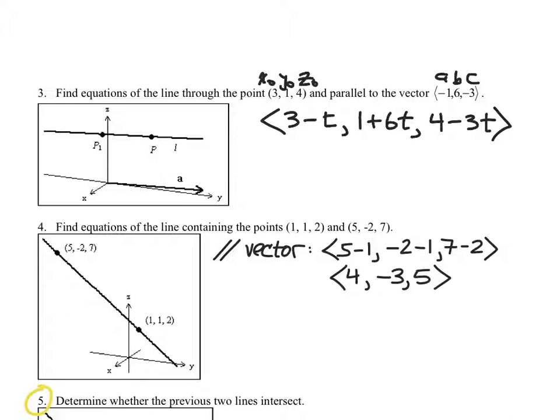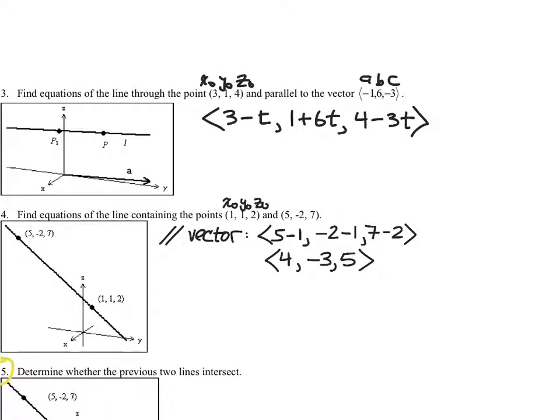All right, so this makes this my x sub O, y sub O, z sub O. So I'm looking at 1 plus 4t, 1 minus 3t, and 2 plus 5t. Those are my parametric equations representing the lines passing through those points.